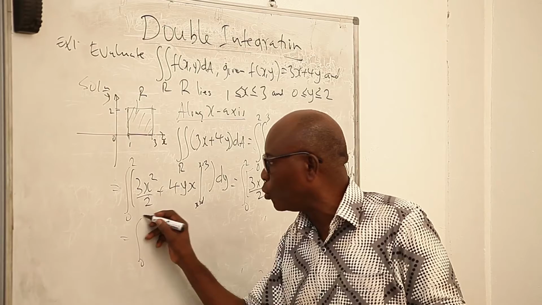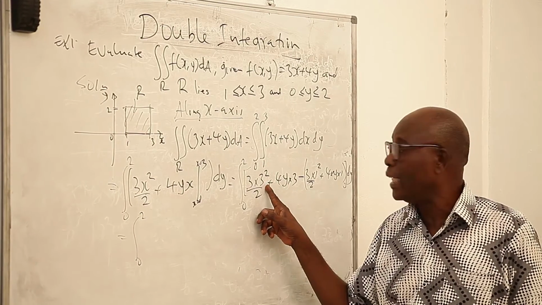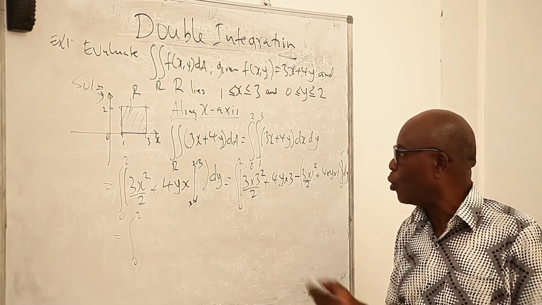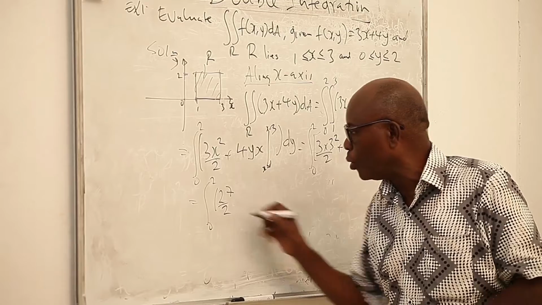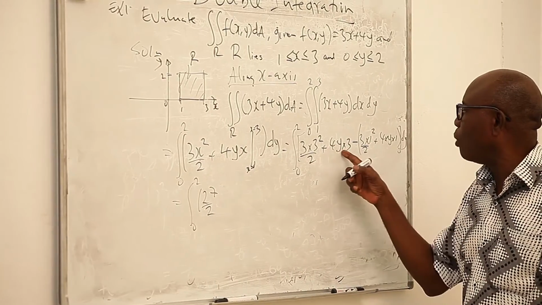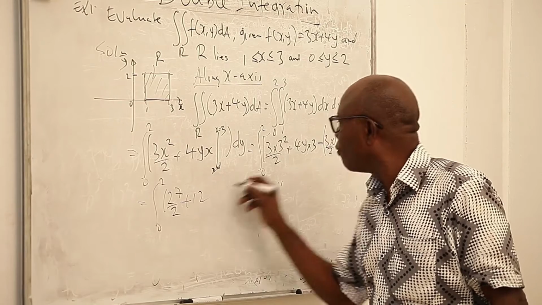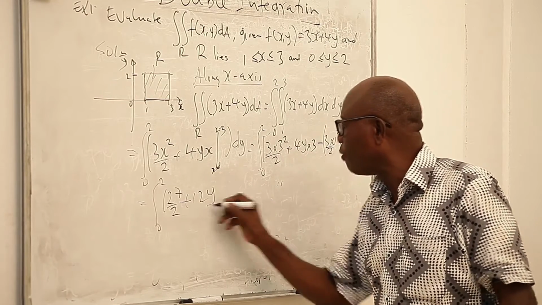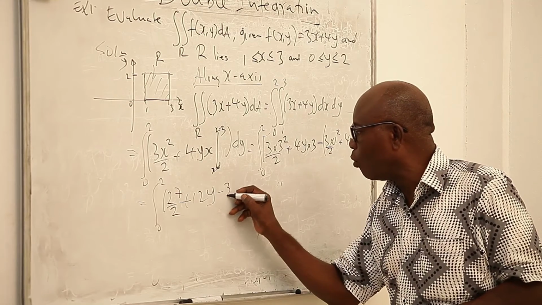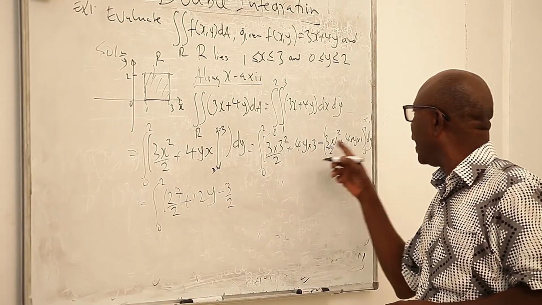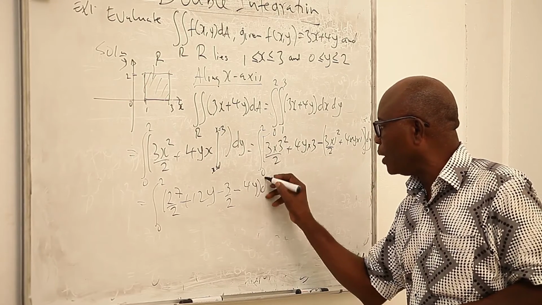So if you tidy up, from 0 to 2, what you have is 3 squared is 9, 9 times 3 is 27. So we have 27 over 2, and this one will give us plus 12y, then minus 3 over 2, then another minus 4y, dy.